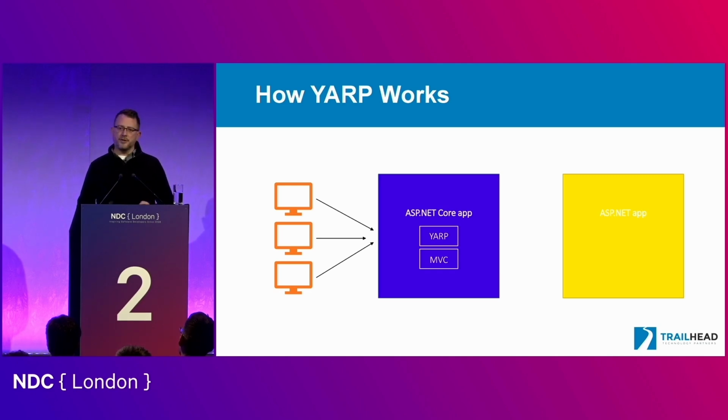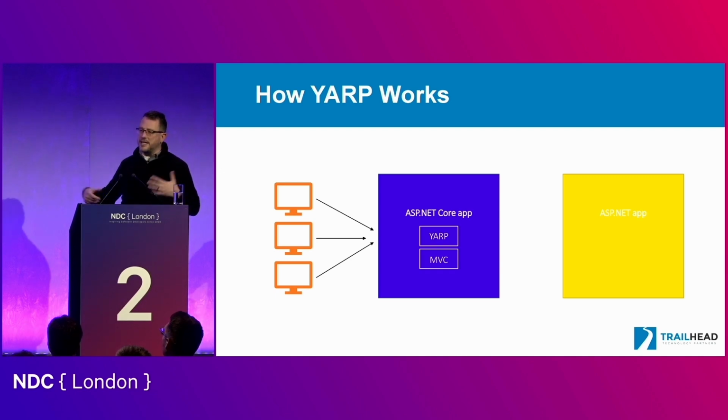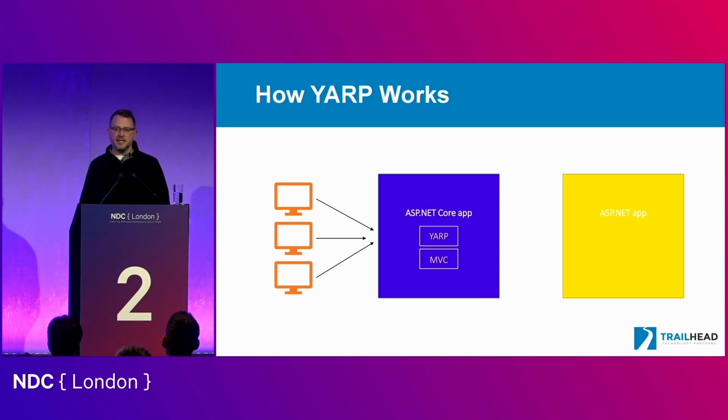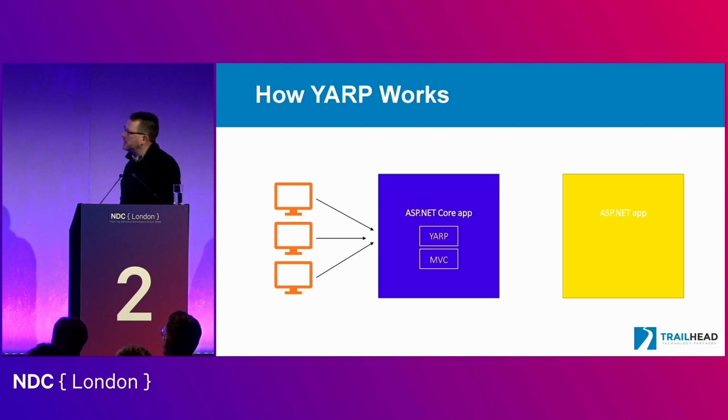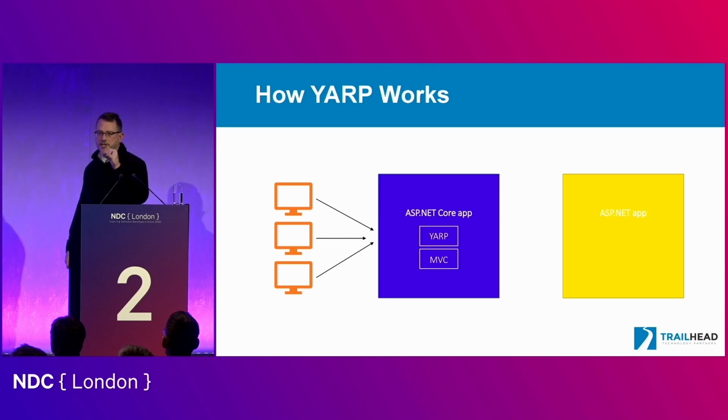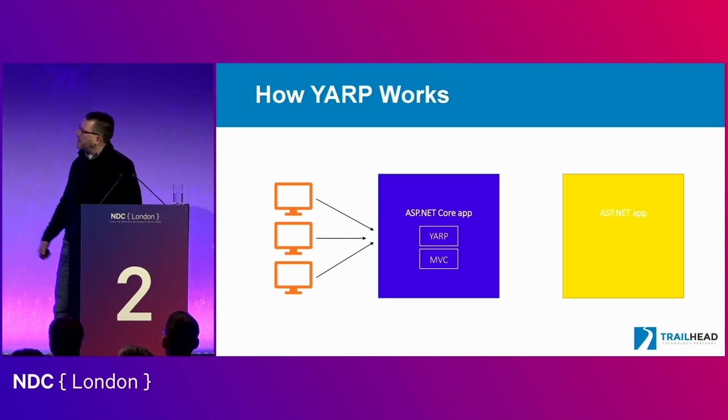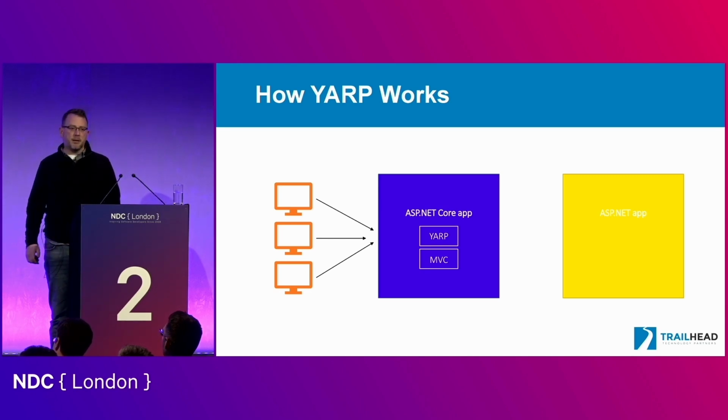So if you're doing minimal APIs or MVC or any of the different frameworks that exist in ASP.NET Core, all of those are basically just middleware that plugs into that request response pipeline. And you can do the same thing with YARP. When you install YARP into your application, you'll just add it to the pipeline. And you can see here it's actually in the pipeline above MVC, which is also where APIs would go as well. So now when that request comes in, it'll start at the top of the pipeline.